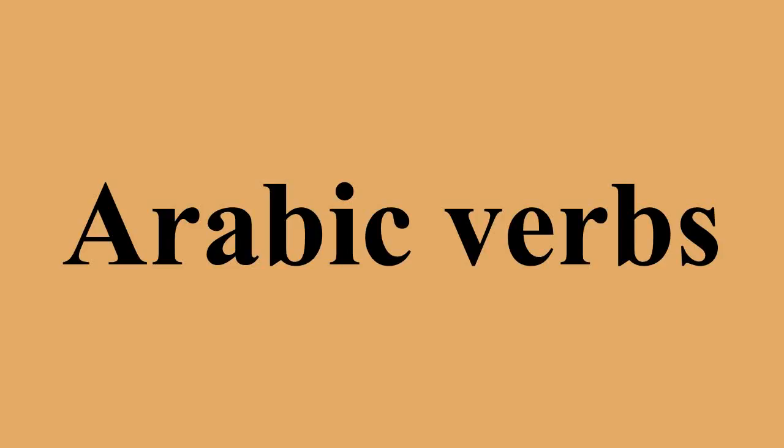There are various types of form I hollow verbs. Qala, qulna, to say, formed from verbs with W as the second root consonant and parallel to verbs of the fala type. Sara, sirna, to get going, to travel, formed from verbs with Y as the second root consonant and parallel to verbs of the fala type.